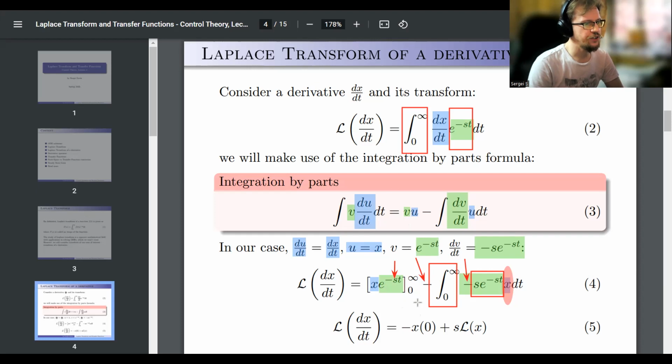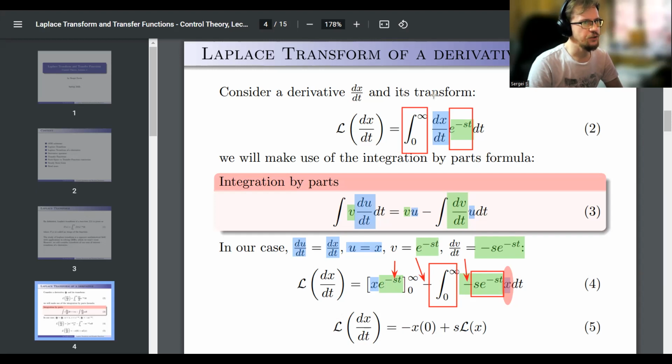So what we have here is 0 minus x times 1, so in fact it is minus x of 0. So this is just initial conditions.